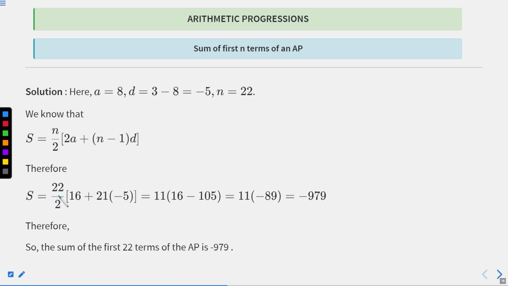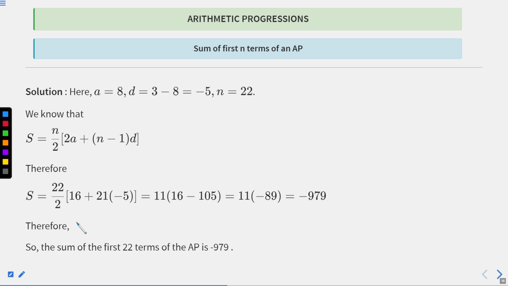Therefore S is equal to 22 by 2 times 16 plus 21 times minus 5. If we calculate it, we get 11 times 16 minus 105, which is equal to 11 times minus 89, that is equal to minus 979.